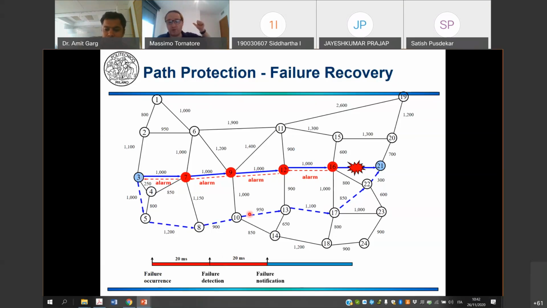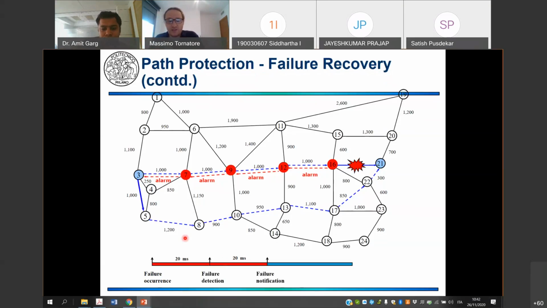And then there is what people call the recovery: the time needed for the information to be switched onto the secondary path and reach the destination, which is this other animation here, which leads the number of kilometers traveled to be pretty large. You need to go from 16 to 3 and then to 21. So even though dedicated protection seems to be almost instantaneous, it is not. It requires, in this case, about 70 milliseconds of delay before you get the information.